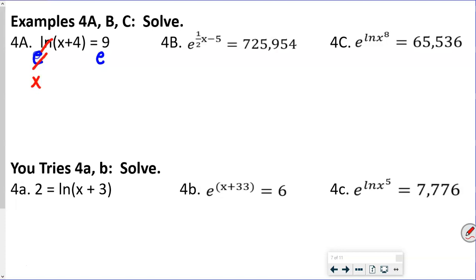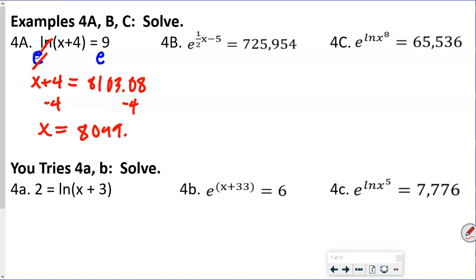So we're left with x plus 4, and then e to the 9th power is going to be 8,103.08. To continue this, we're going to subtract 4 from both sides. So that's going to give us x is equal to 8,099.08.